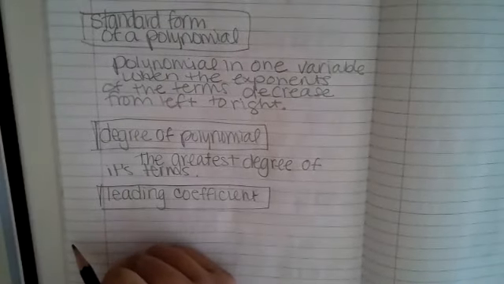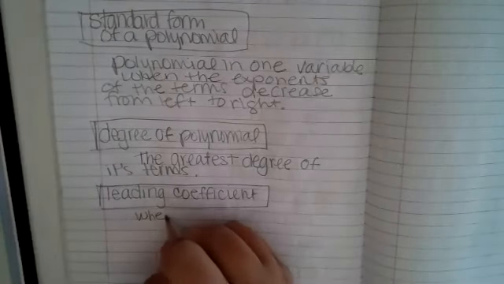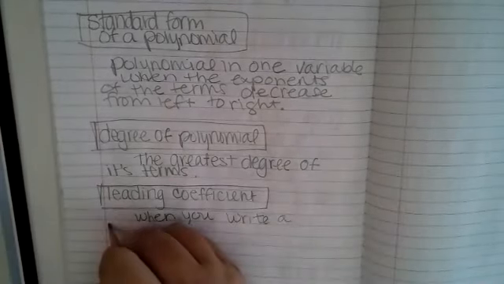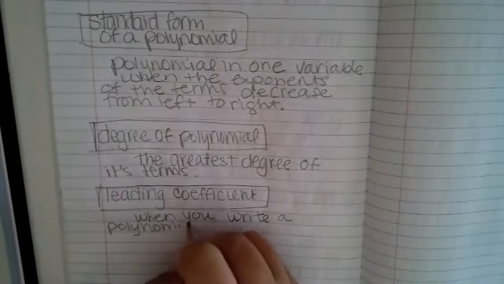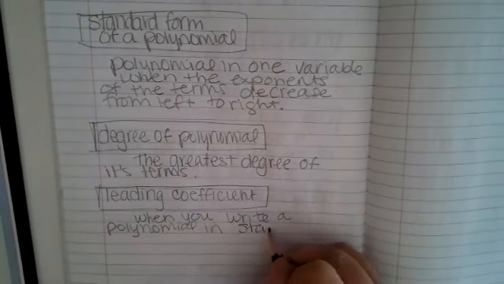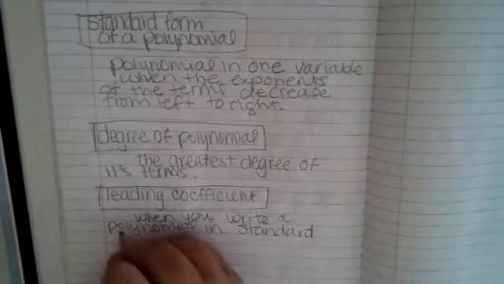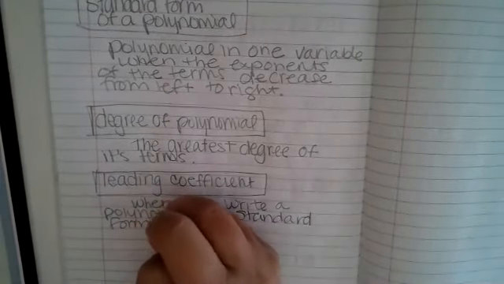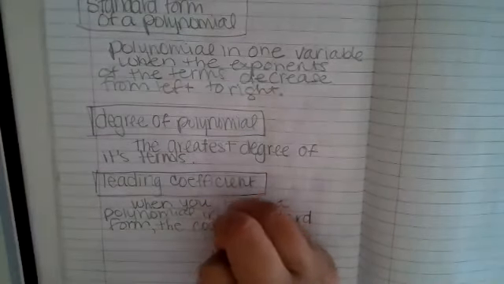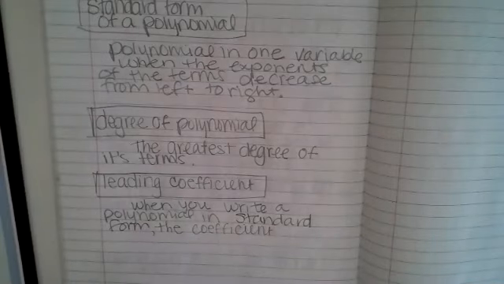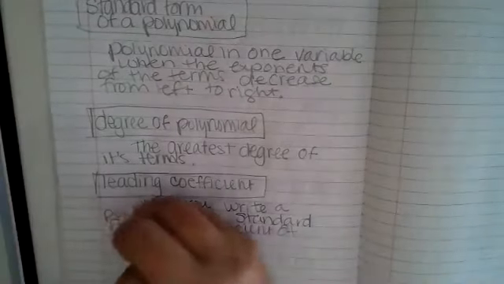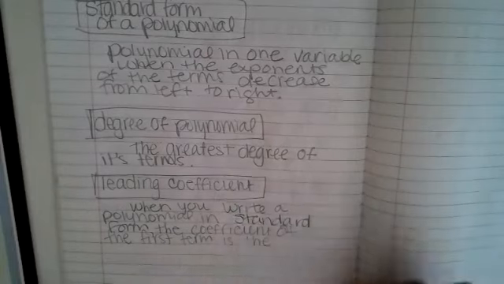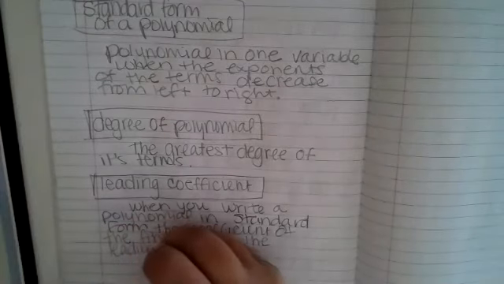Okay, so the leading coefficient: when you write a polynomial in standard form, the coefficient of the first term is the leading coefficient.